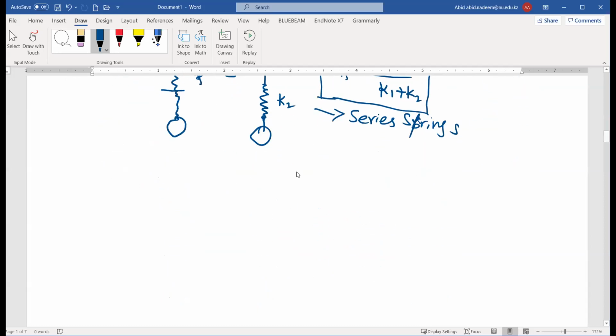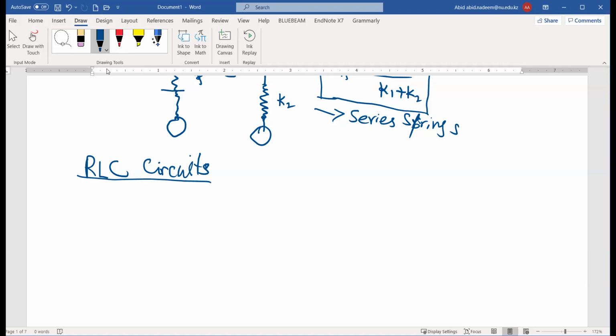Then let's talk about the RLC circuit, or LRC circuit. This is something related to the electrical engineering course, but nevertheless we can represent it.